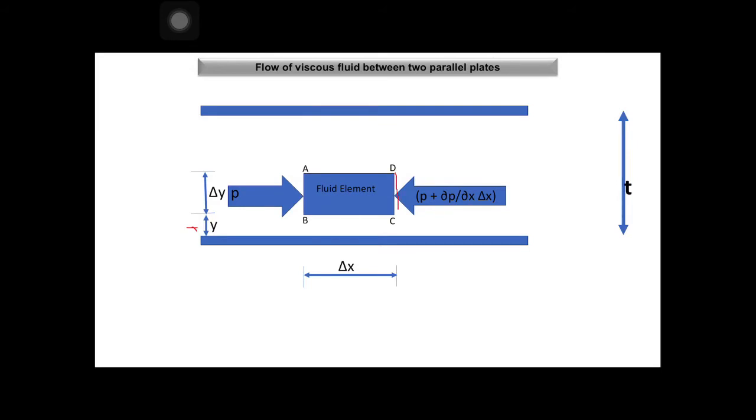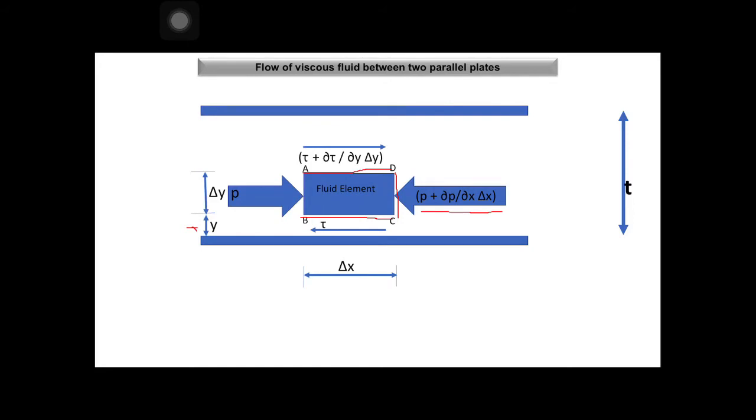And on the face BC, the shear stress is acting in the direction opposite to that of flow, and similarly on the face AD, the shear stress is acting in the direction of flow, as you can see in the figure.